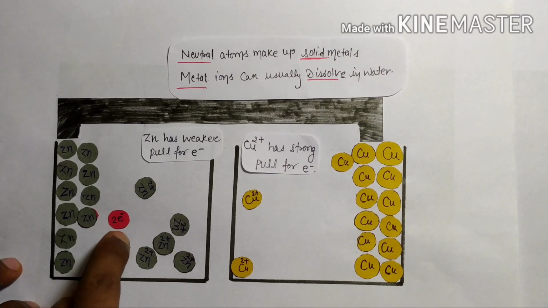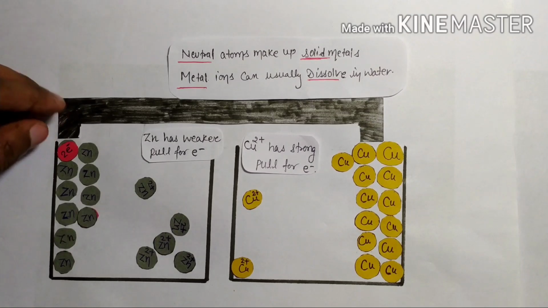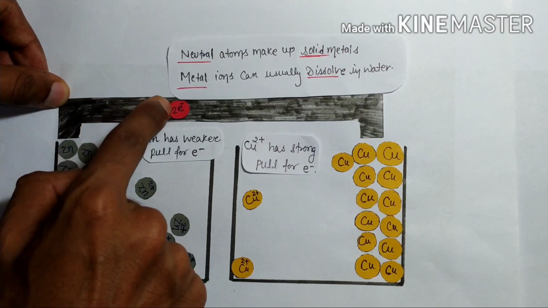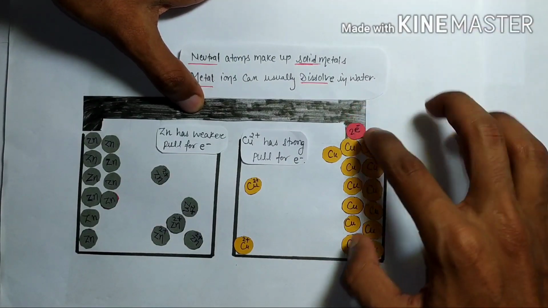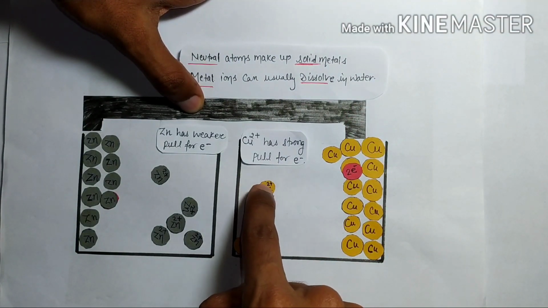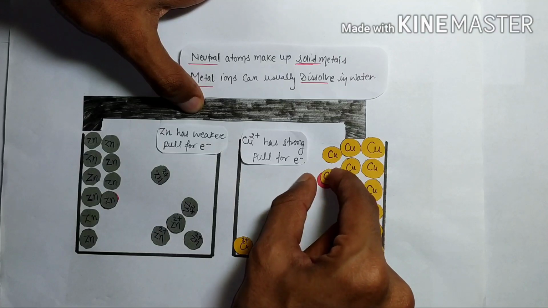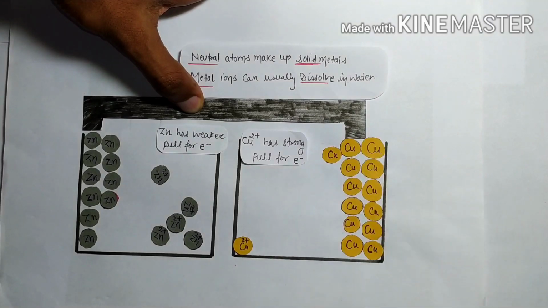Now these 2 electrons go through the wire to the other side, where the Cu2+ ions in the solution take the 2 electrons and become a copper solid, because neutral atoms make up solid metals. That's why it gets deposited on the copper metal piece.